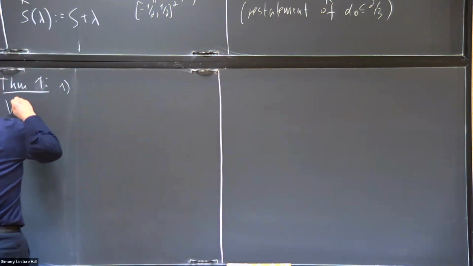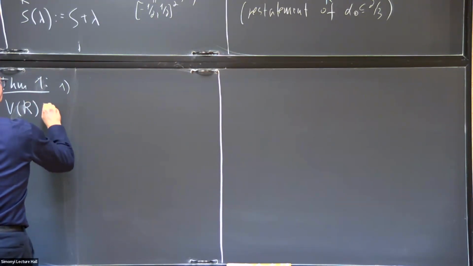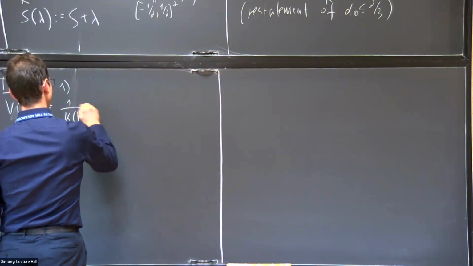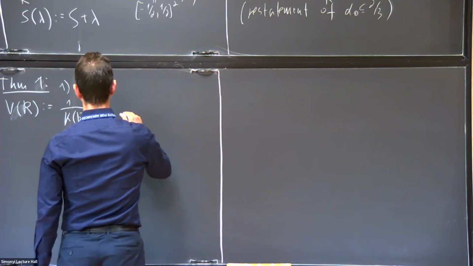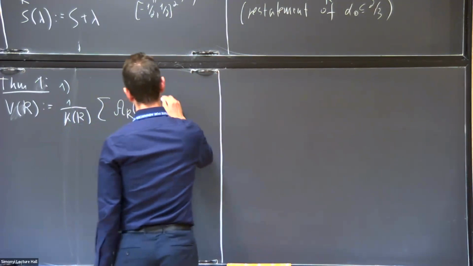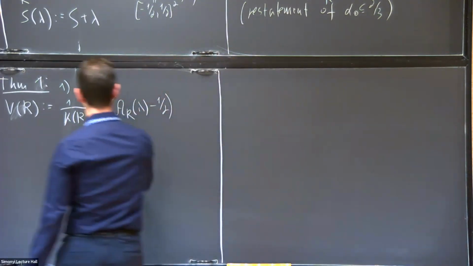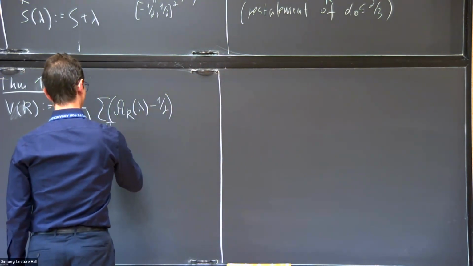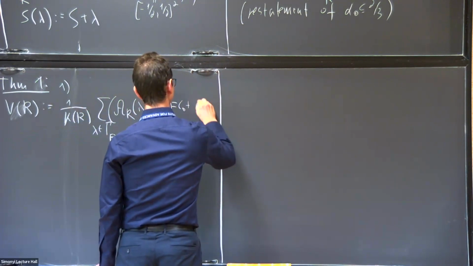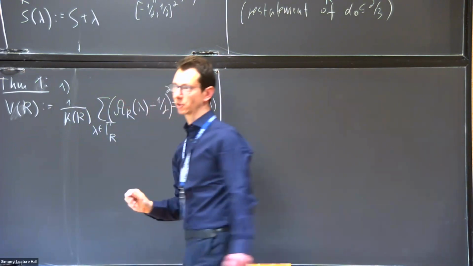So the variance, V of R, which by definition is 1 over K of R, the sum of A R of lambda minus the expectation, which is 1/2 that we just discussed, squared. And this is C naught plus little o of 1. It's squared, all right. Thank you very much.